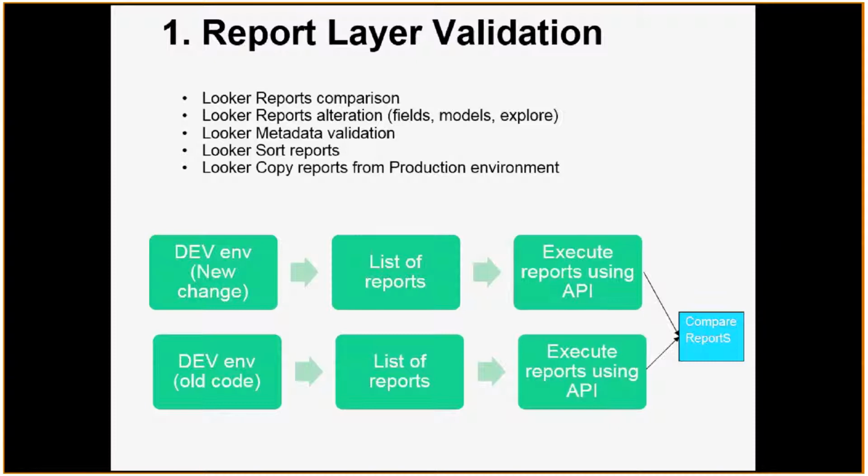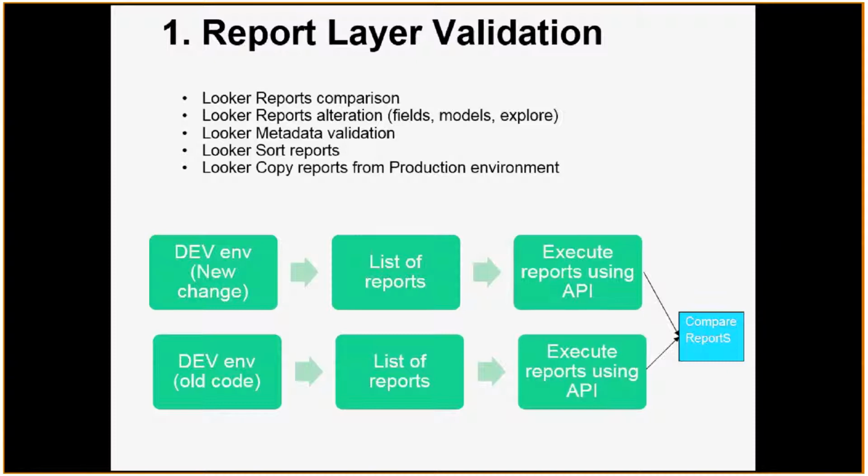However, if there is a spatial change which deviates the logic between old and new, that functionality needs to be handled in a different way for automation. But for a new and old change, you can do it with the help of the existing code. We run reports using SnapLogic automation tools.